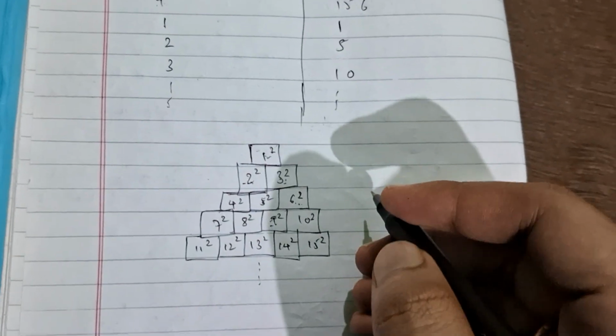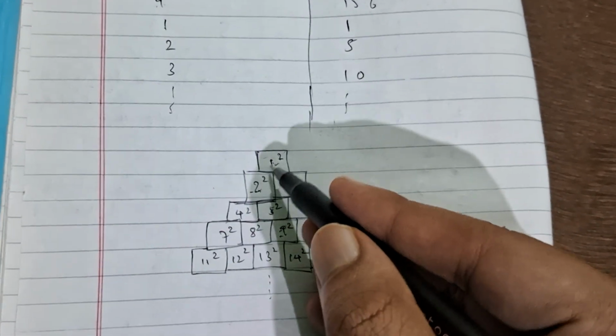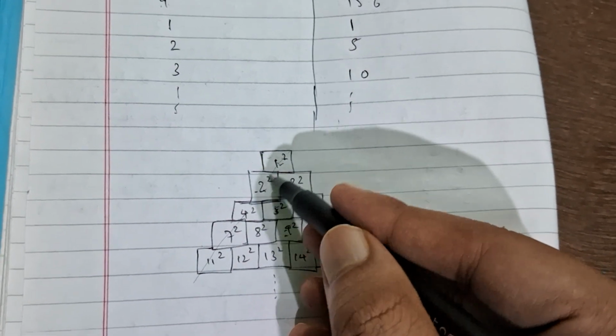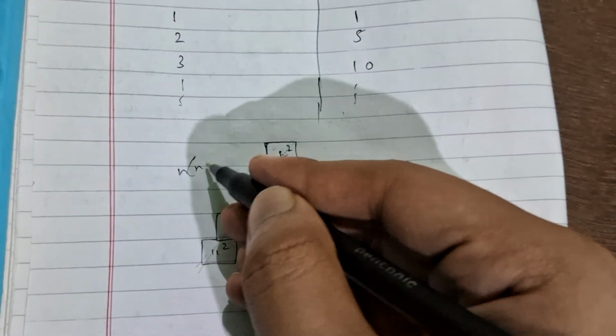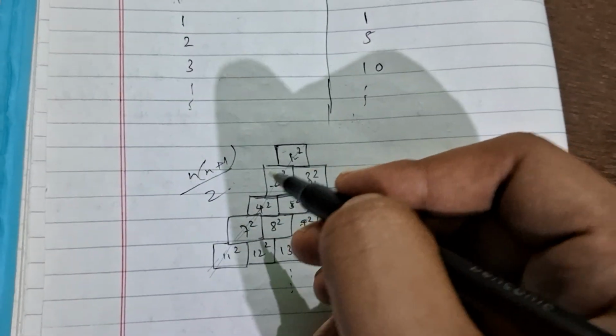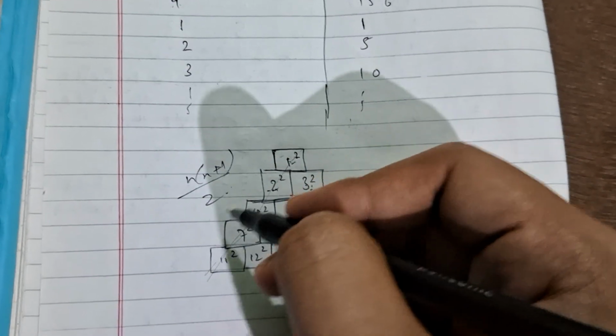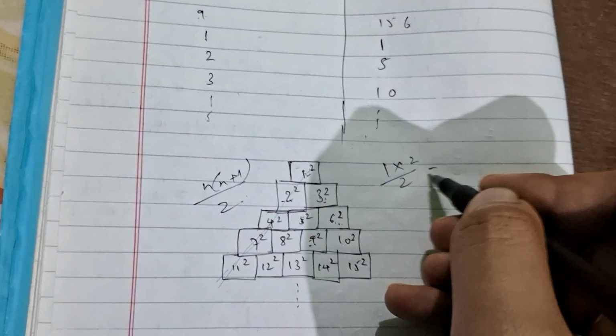Now the basic approach behind it: if you notice, this line has a pattern in it. This line is in the form n into n plus 1 by 2. So if n is equal to 1, it is 1 into 2 by 2, that is 1.